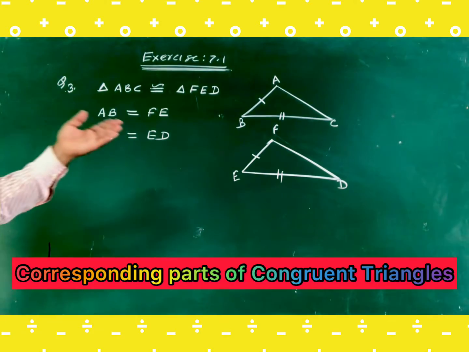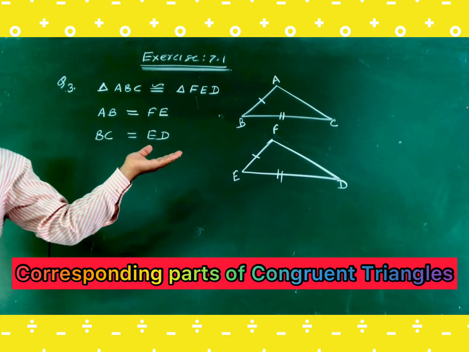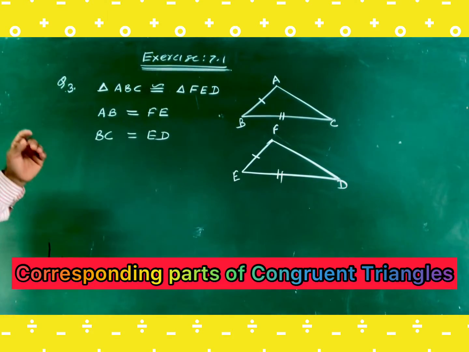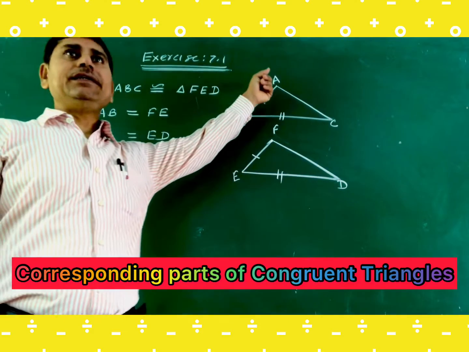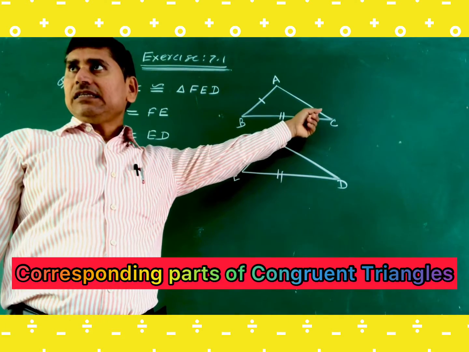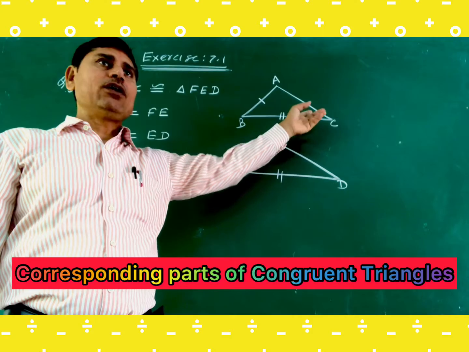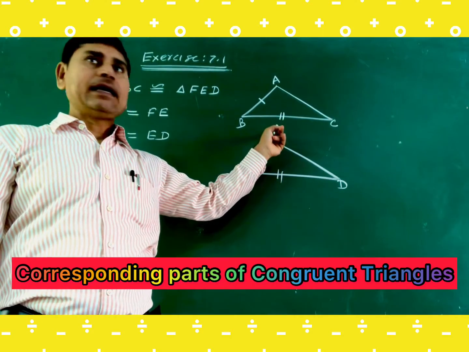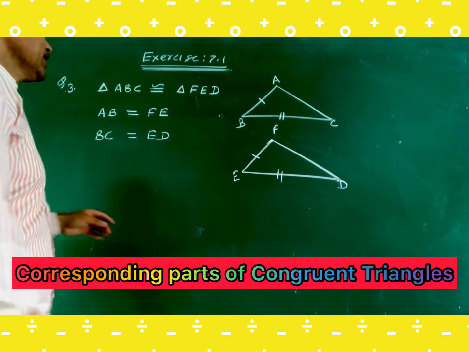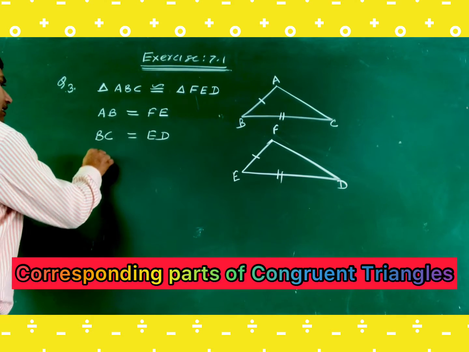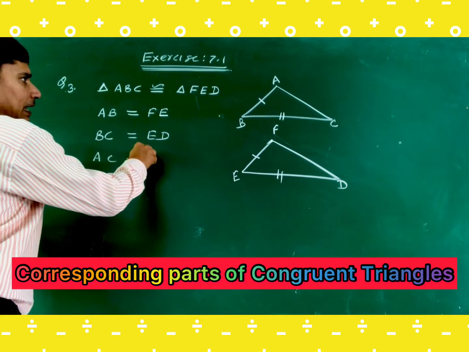Now you are observing from the diagram. After that, the next side is AC, and the corresponding side of the second triangle is FD. So you can write that AC equals FD.